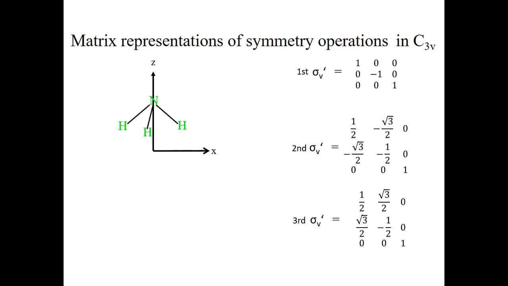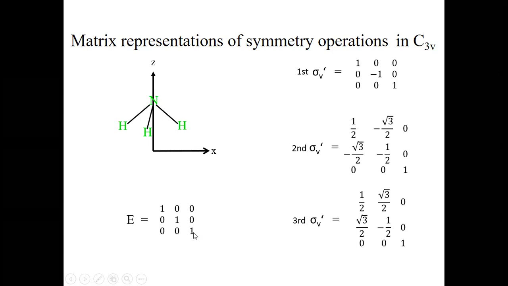So keep in mind, though, that in the point group C3V, all the mirror planes are conjugate relative to each other. And we see this also in a moment in the character table associated with the point group C3V. All right, so now finally we need to look at the identity also. Well, the identity never changes any coordinates, so it has always the form 1, 0, 0, 0, 1, 0, and 0, 0, 1.